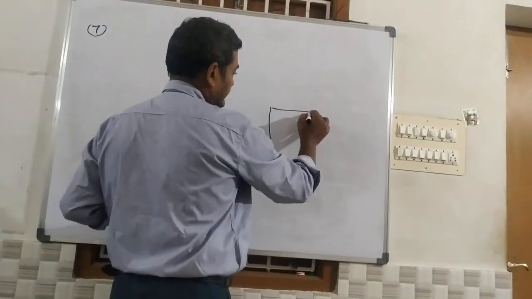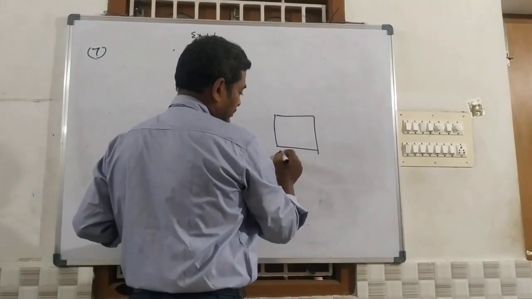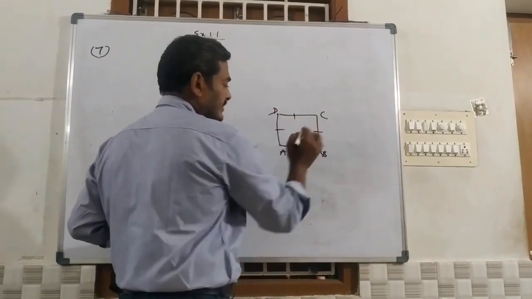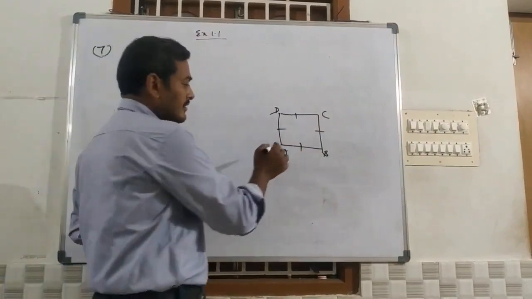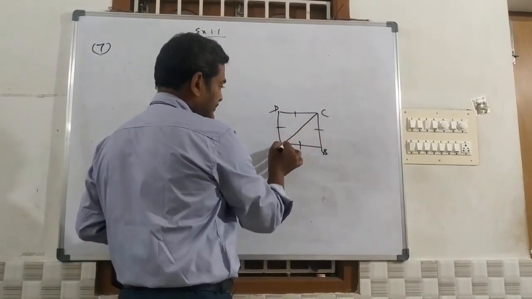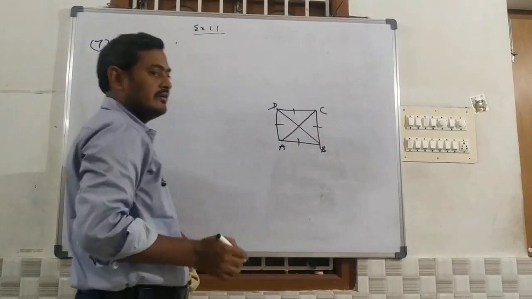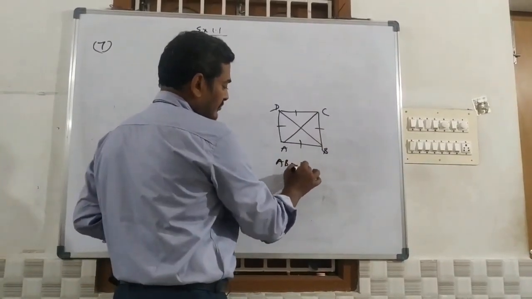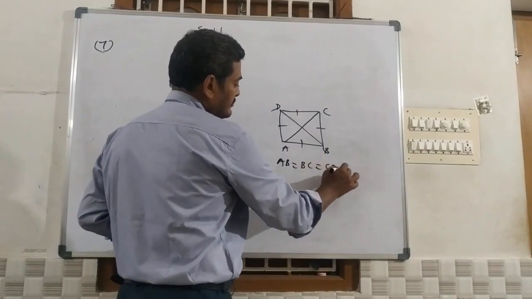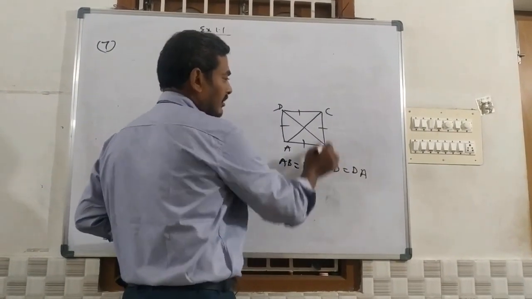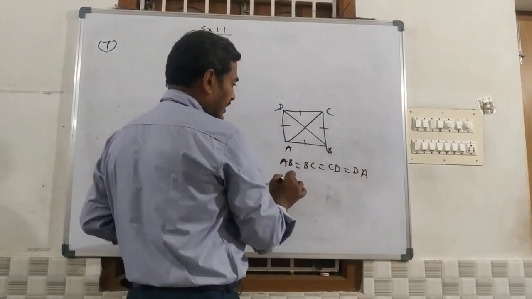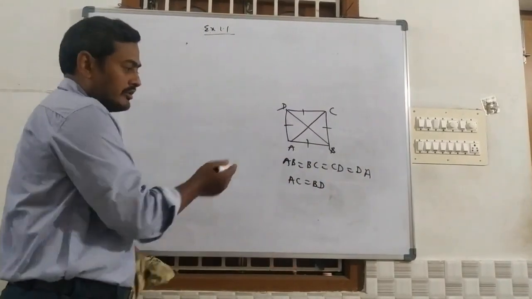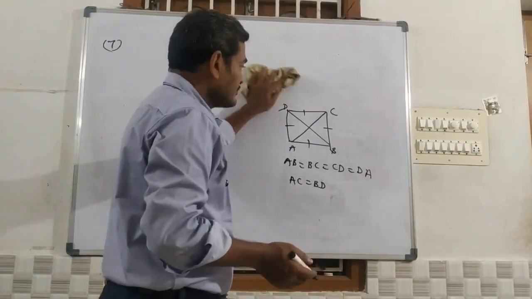If you take a diagram ABCD, all four sides are equal: AB equals BC equals CD equals DA, and the diagonals AC and BD are equal. In this way we can define the square.